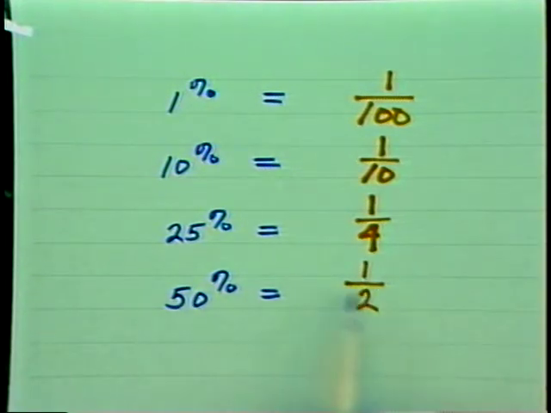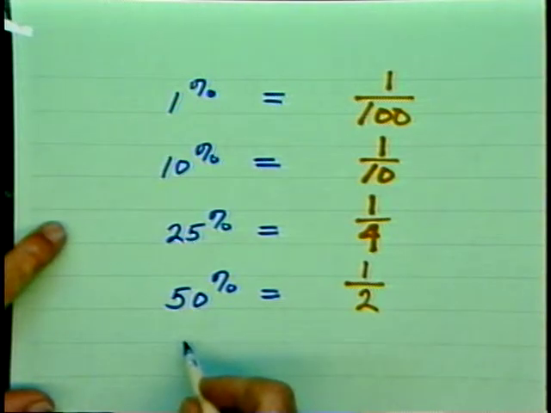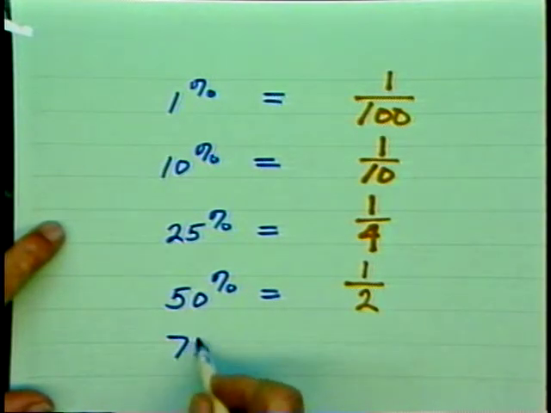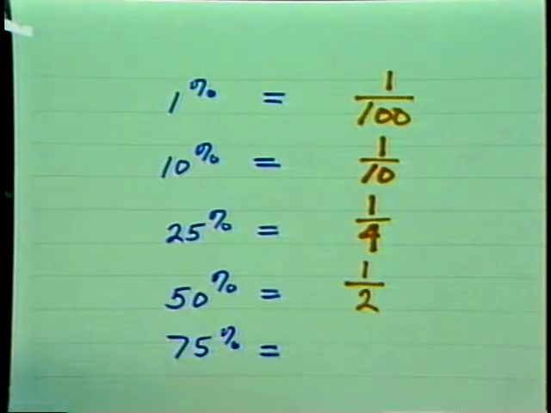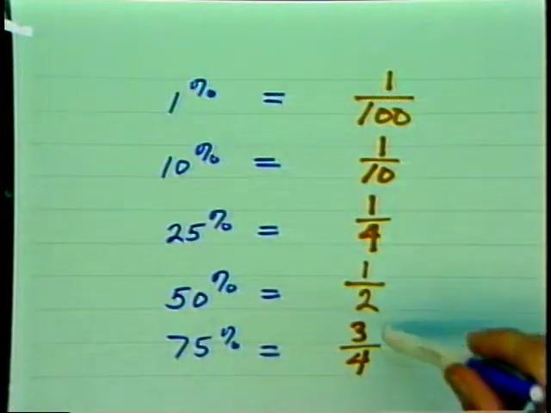Most people have that down pretty firm. And 75% is 3/4. And everything under 100% is less than 1.